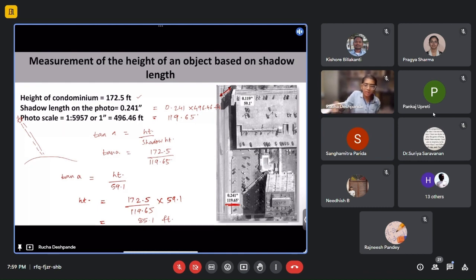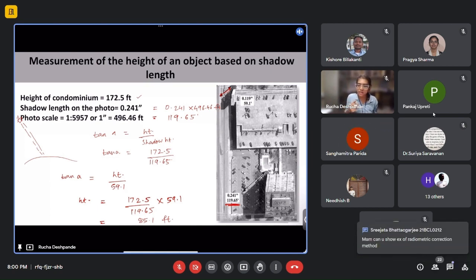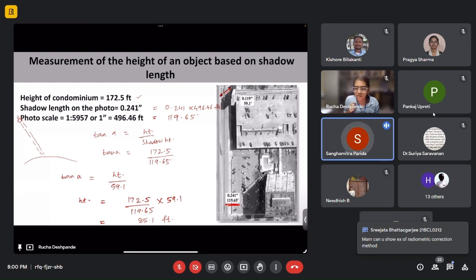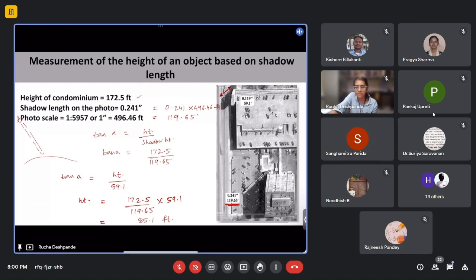I don't remember the dark target method, but I'll look it up and tell you in the next class. I have confusion regarding whether they are the same or different. That is why I am asking. Okay, I'll look it up and tell you.